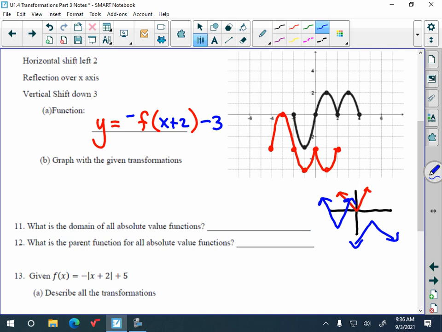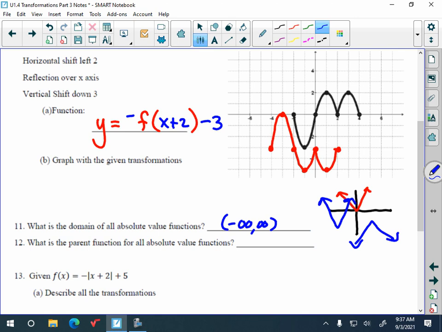Yes? How do you know that it's going that way? Because the shape of an absolute value is a V. Because in unit 1.3, we plotted 5 points from -2 to +2.